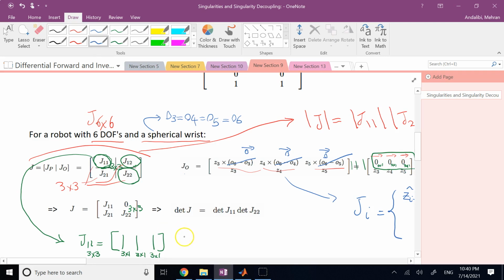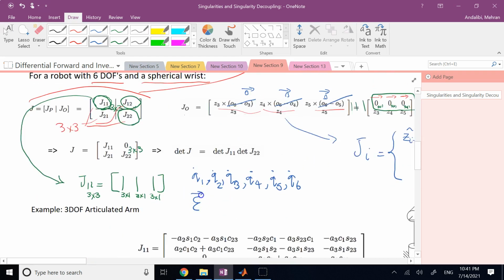Well, I'll tell you. If I call the joint velocities of the robot Q1 dot, Q2 dot, Q3 dot, all the way to Q6 dot, what's the meaning of this portion? And if I call your zeta to be x dot, y dot, z dot, and omega x, omega y and omega z, what's the meaning of J11?